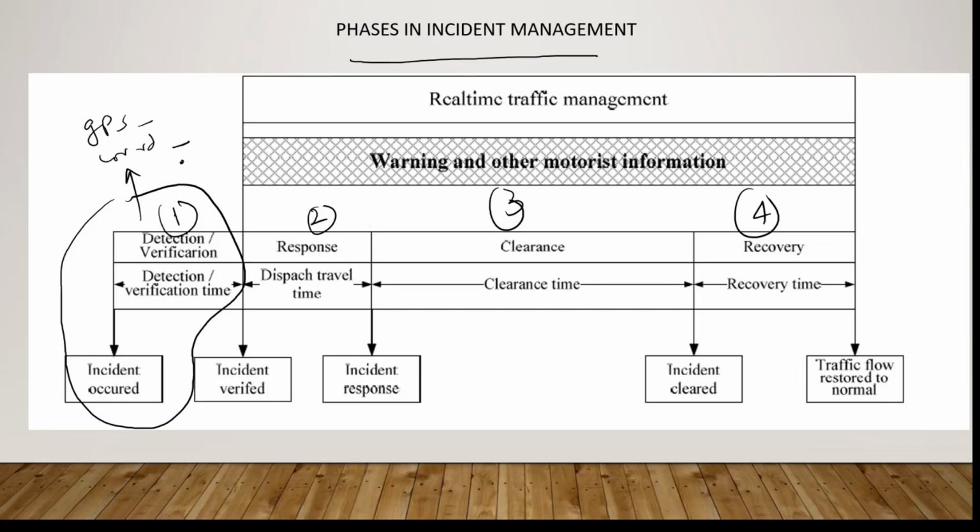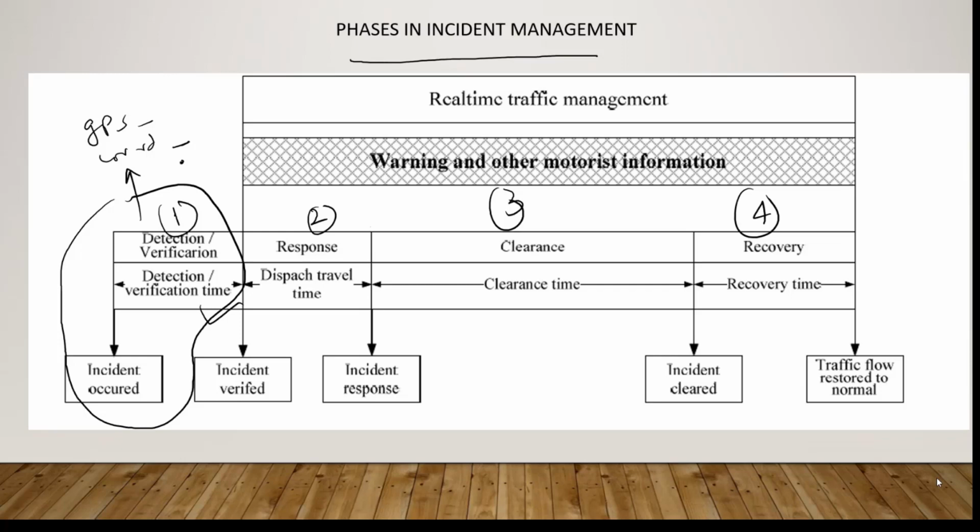And then there is the incident detection method, through which we actually detect it, which could be contacting the SOS system or the emergency system, or even reporting it to the police or to the patrol services, or the operation of the automatic incident detection system. Okay.